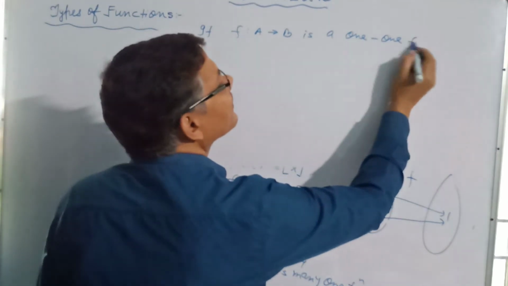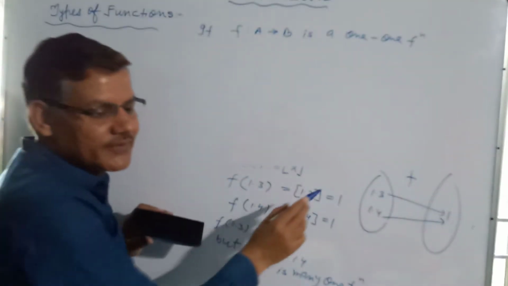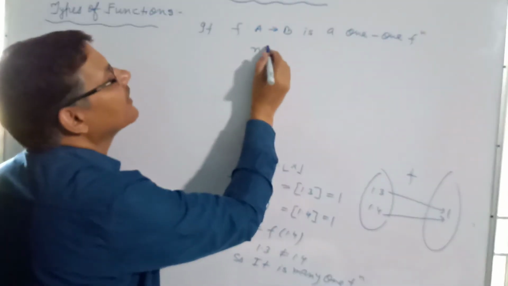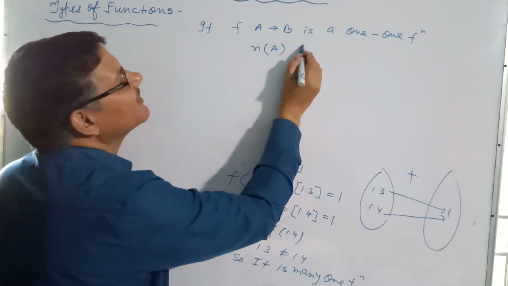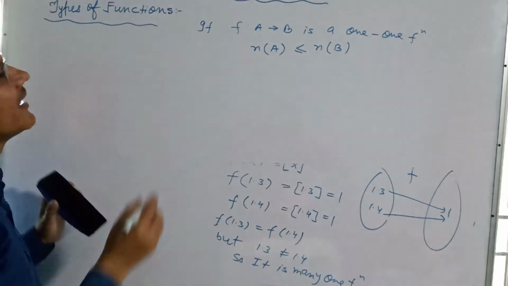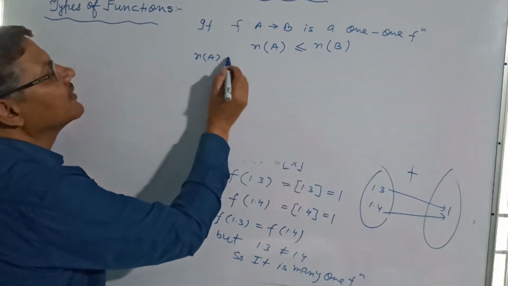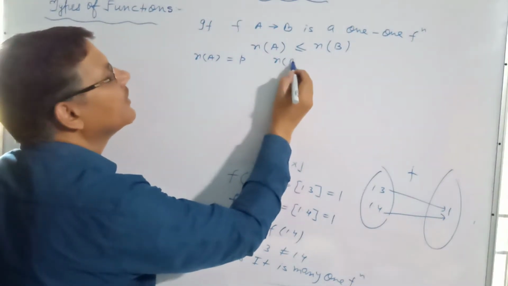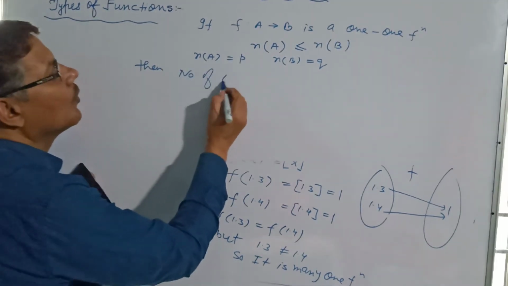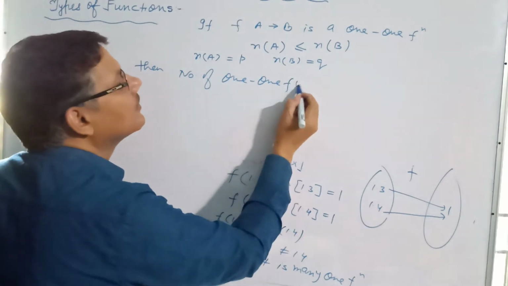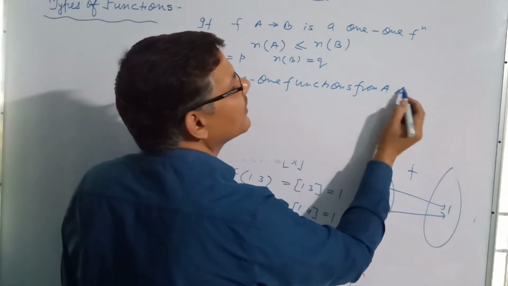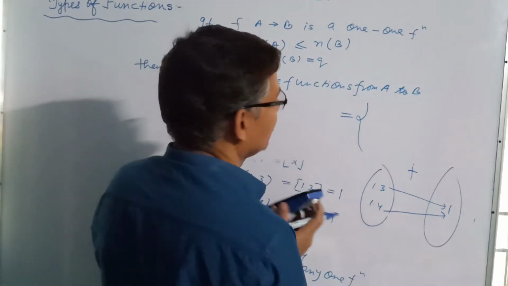Since different elements of A have different images in B, the number of elements in set A must be less than or equal to the number of elements in set B. In case when the number of elements in A is equal to P, and the number of elements in B is equal to Q, then the number of 1-1 functions from A to B is as follows.